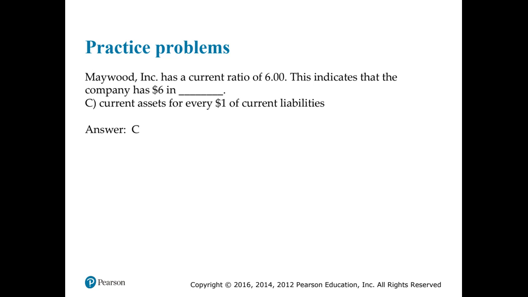In this case, they're saying the current ratio is 6. So the company has $6 current assets for every $1 current liability. So this company is doing really good. They've got 6 to 1. All right, here's the next one.